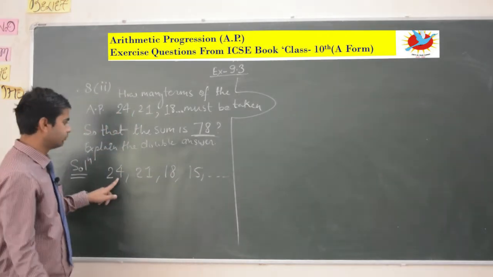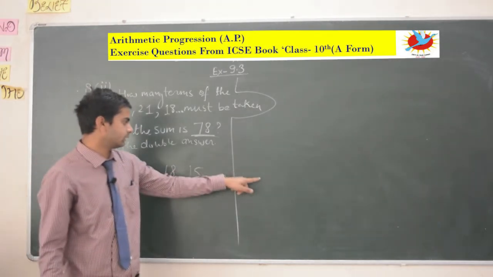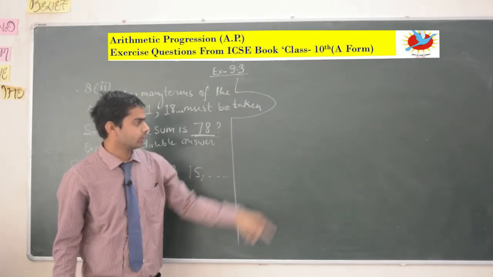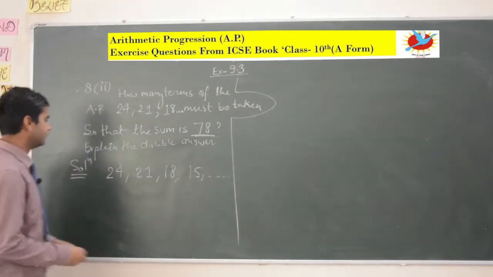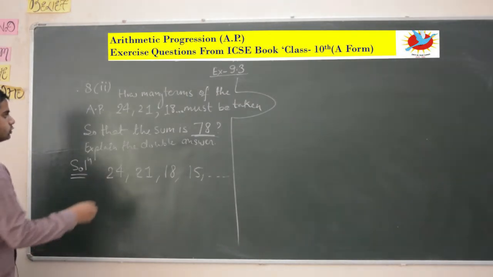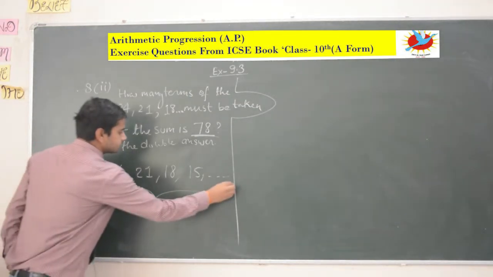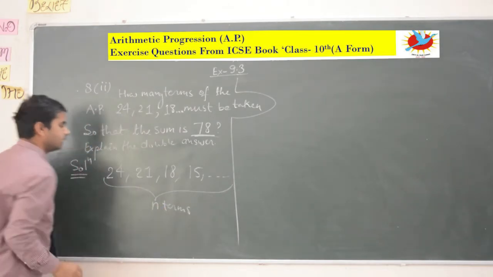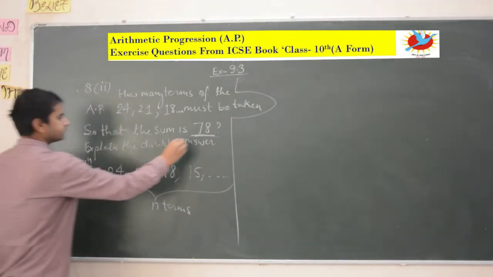Here it is 24, here it is 15, so somewhere we will get 10, somewhere 5, and somewhere 0, and then the terms will be negative. So for this AP, assume that n terms of this AP make the sum 78.